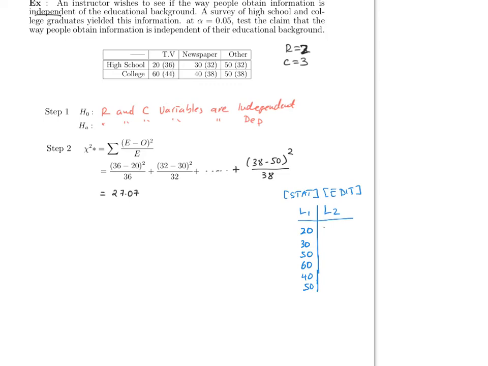And then the expected values, which are 36, 32, 32, 44, 38, 38. And then go back to stat, and then chi-square g of f, and just follow the commands, and it will give you this value as well as the p-value at the same time.